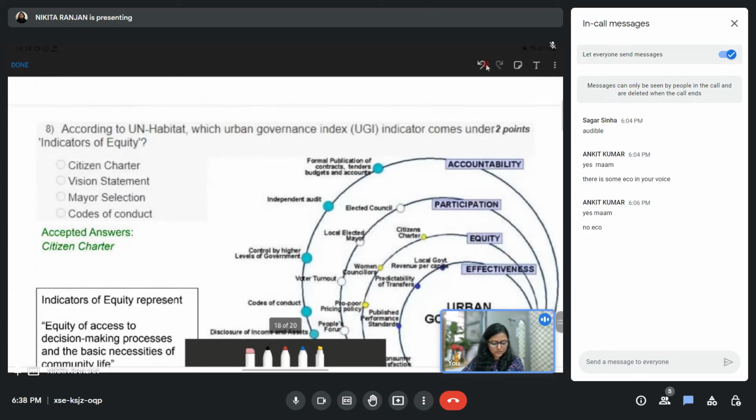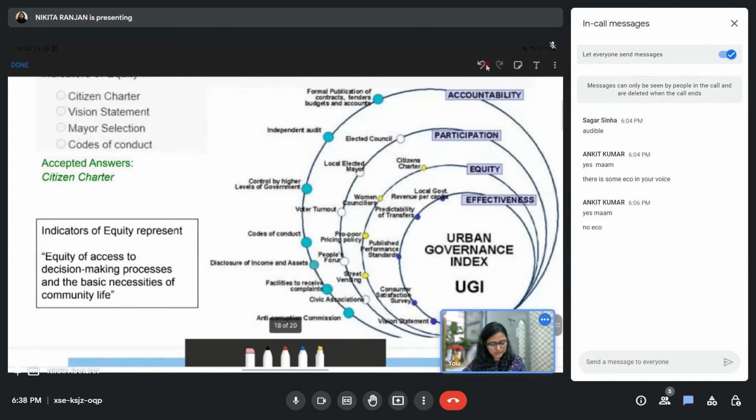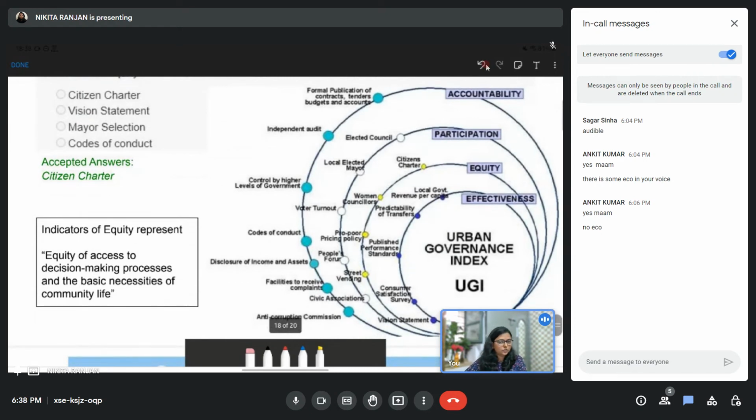The Urban Governance Index, which you might have studied in your lectures, is an index with several different indicators, and the indicators are divided into several different heads: equity, effectiveness, participation, accountability.